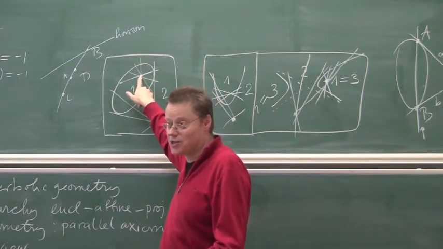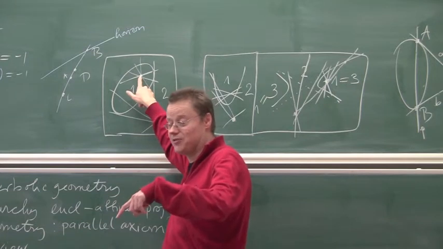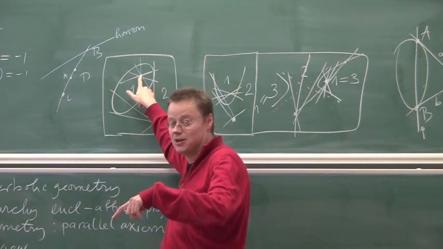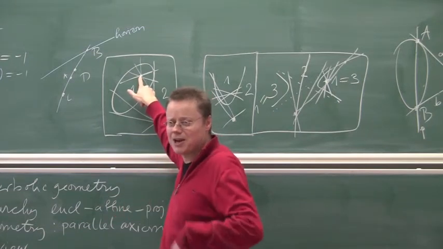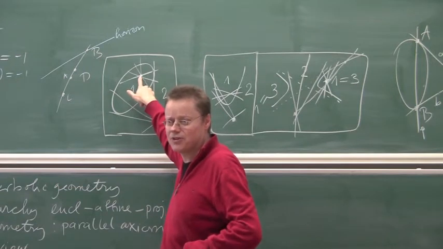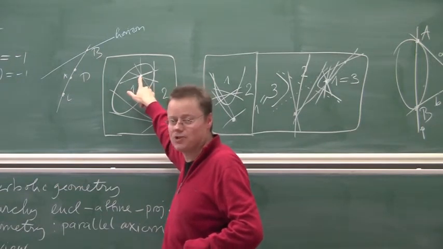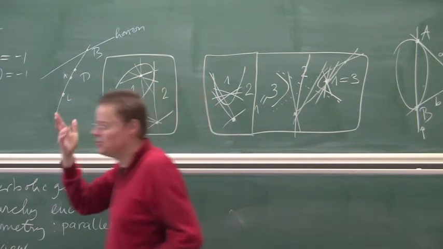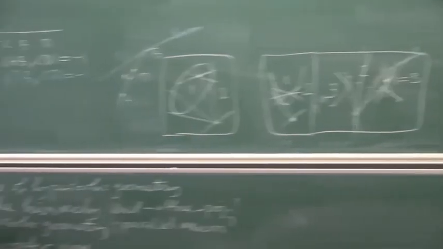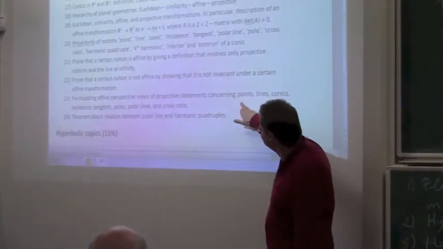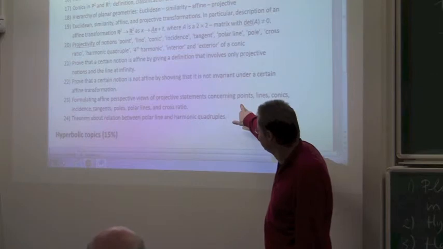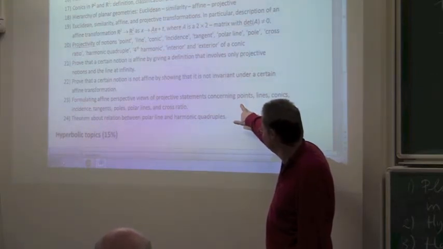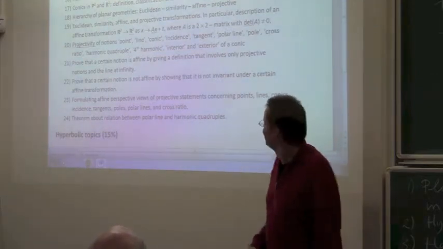I discovered this first by knowing that it's invariant under transformations, and then I thought maybe I can give another characterization of interior and exterior in terms of points, lines, and incidence. And you can. But I do not have an example for affine geometry at this moment. So maybe it's not so important. Maybe we'll find one.